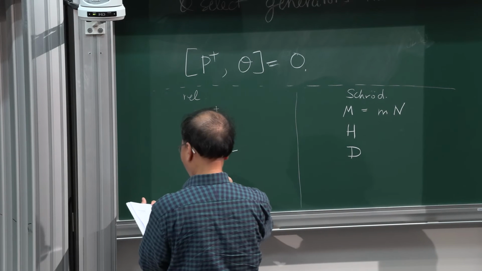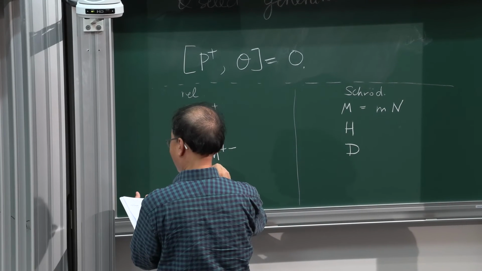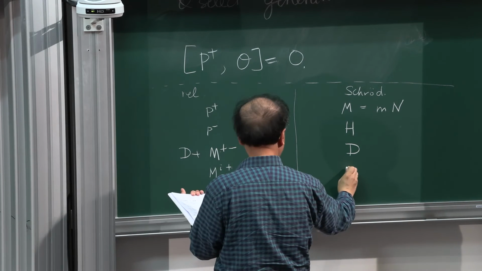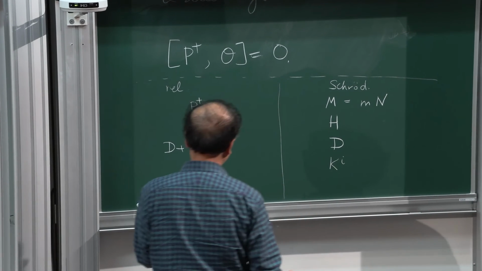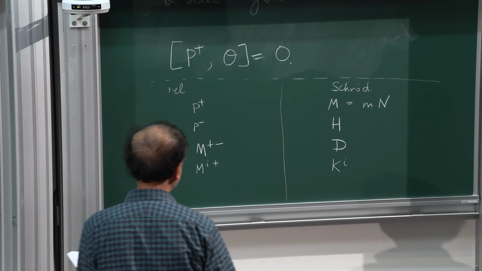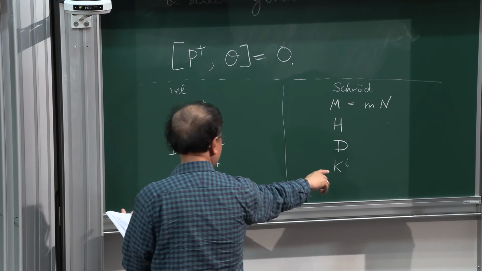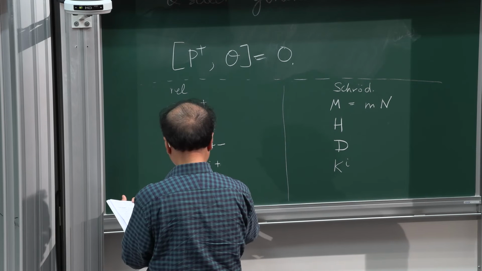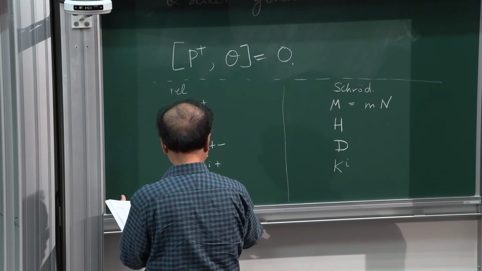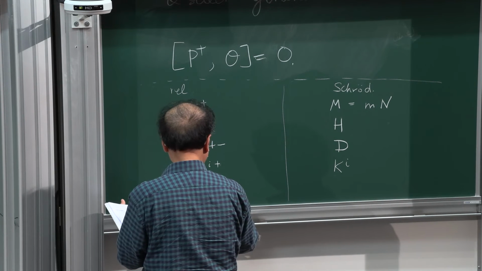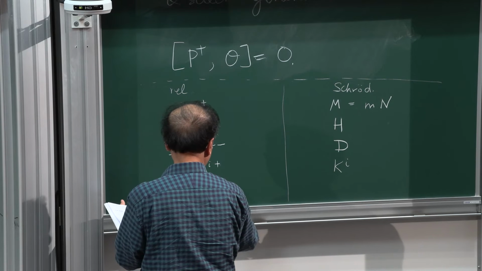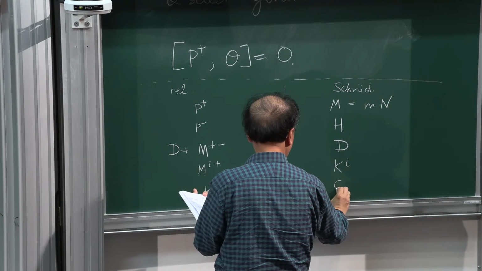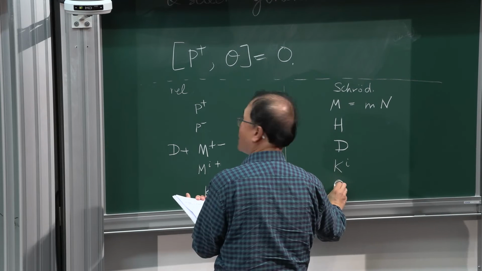One thing is that M^{+i} becomes K_i. One of these Lorentz boosts along the plus i direction becomes the Galilean boost. And then what's non-trivial is K^+, I think K^+ over 2, becomes C. Okay, I didn't say what C is.